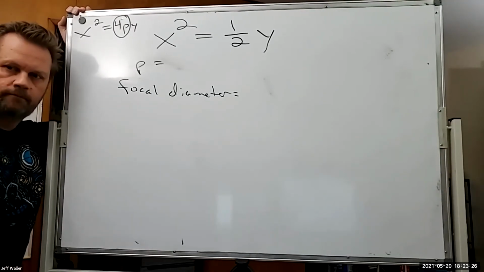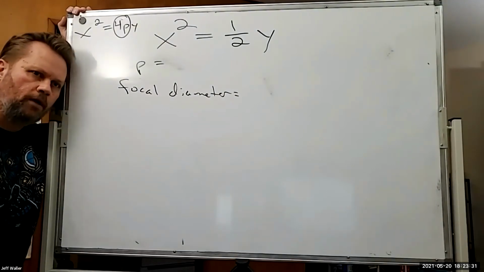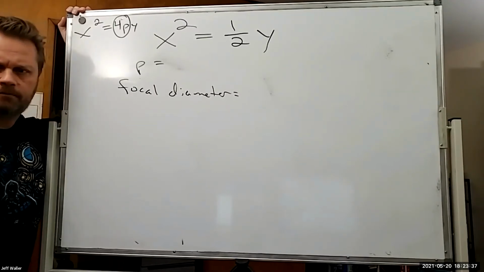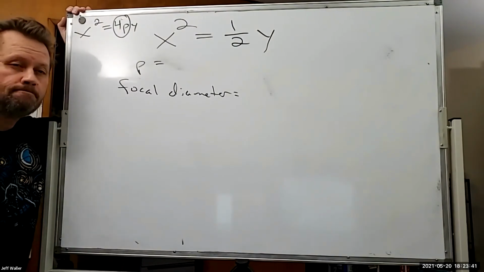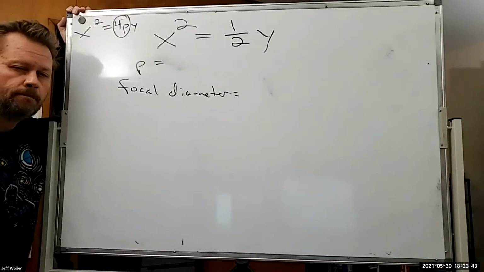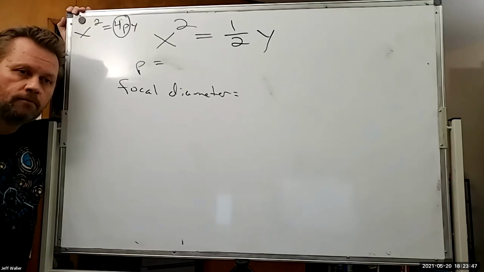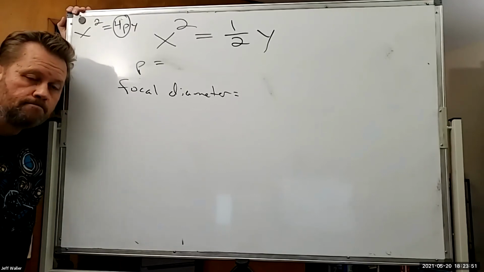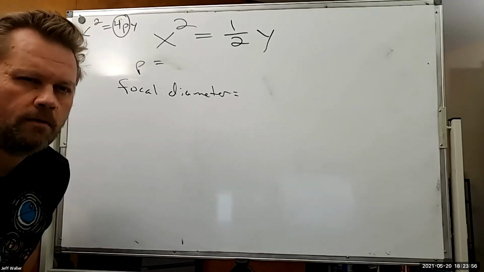I'm sorry, but why do you ignore y? What do you mean ignore y? How do I ignore y? Like when you take a square, you make it x equal. Why did you make a 2p plus minus 2p?